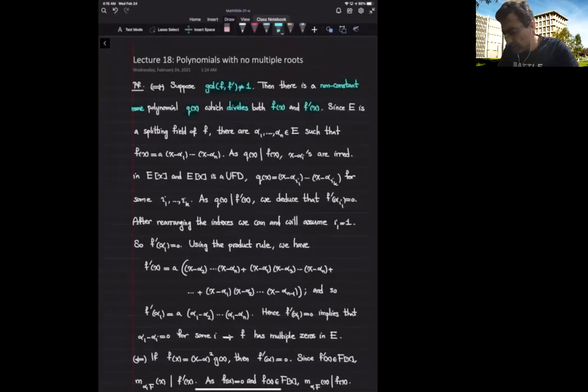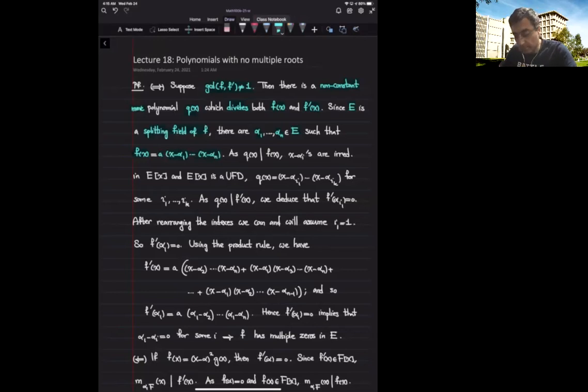Now remember, E is a splitting field of f, which means in E I can decompose f into linear factors. So I can find alpha 1 through alpha n inside E and write down f as its leading coefficient times (x minus alpha 1)(x minus alpha 2)...(x minus alpha n).